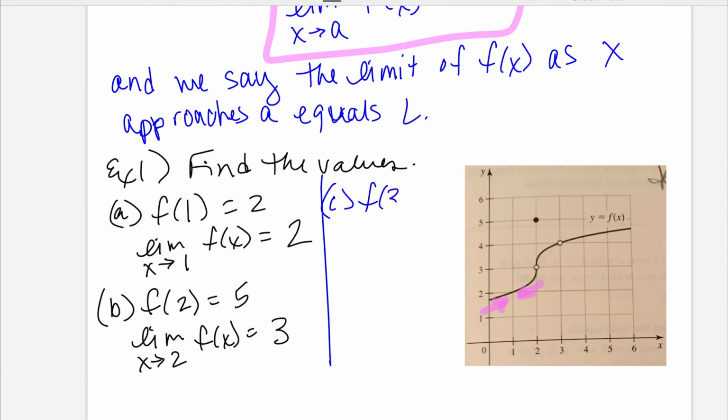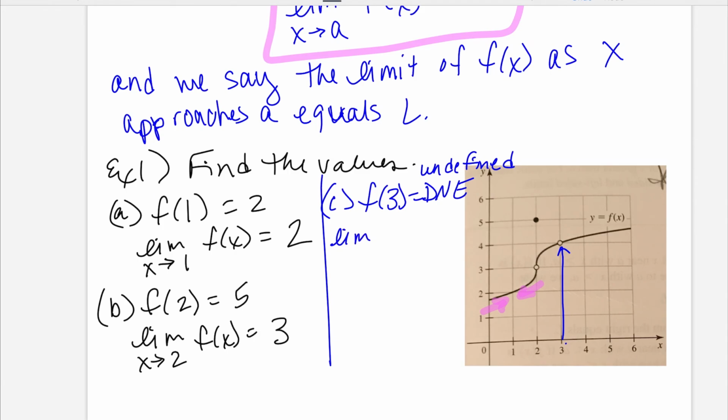What if I have f of 3? Nothing. There is no value at 3. This does not exist. I have no value at 3. DNE means does not exist. Undefined. Either way is fine. I don't care what you write.